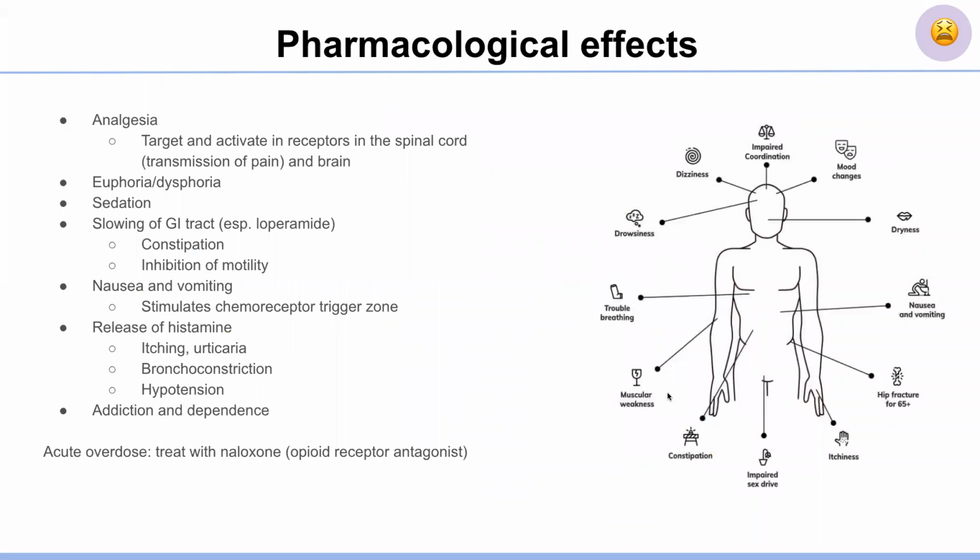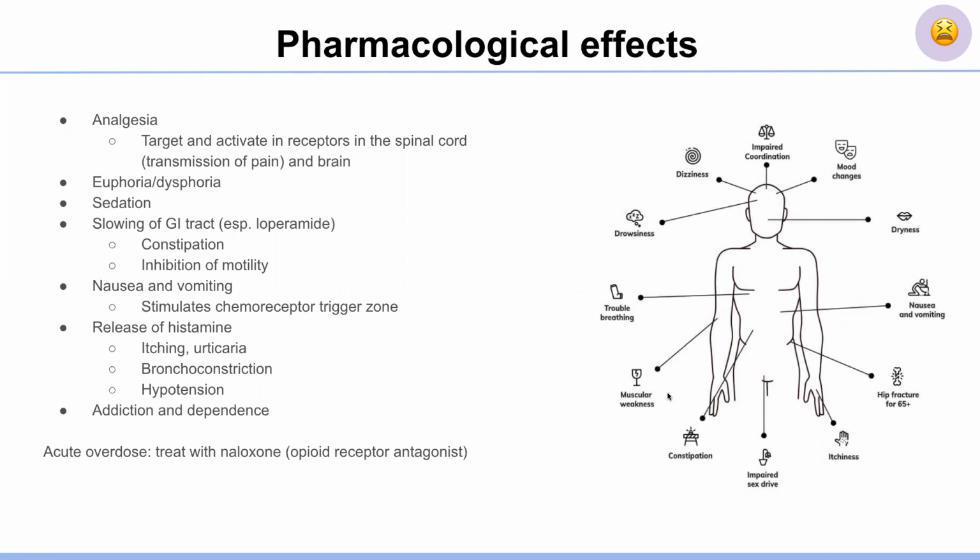There are a range of effects associated with opioids, some very much unwanted. Analgesia is, of course, part of the mechanism of action, but it can also cause euphoria or the opposite, dysphoria, as well as sedation. It can slow the GI tract and cause constipation, which we can actually leverage in some drugs.